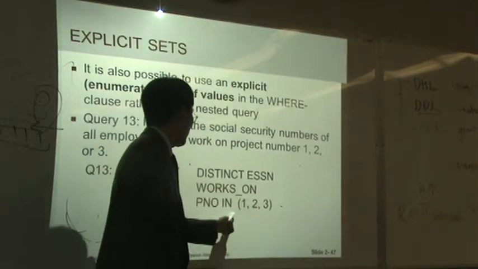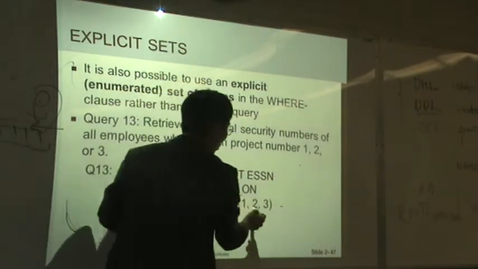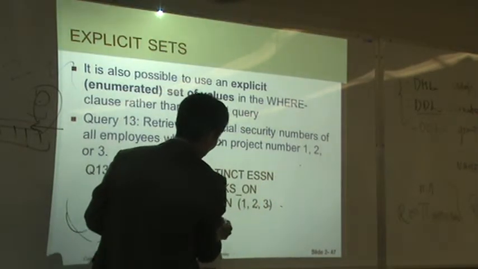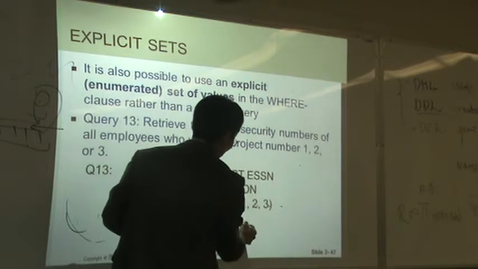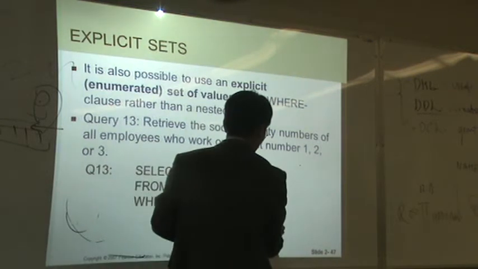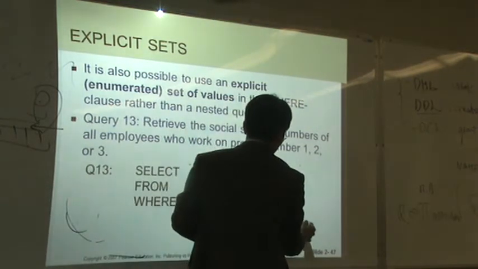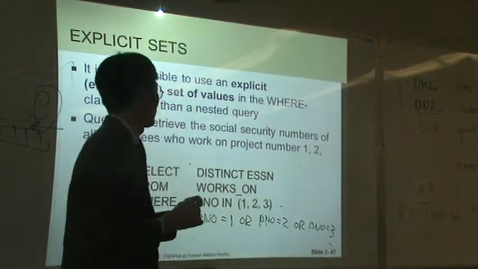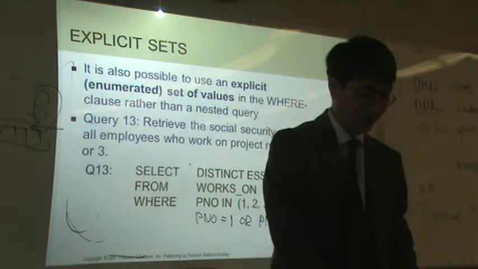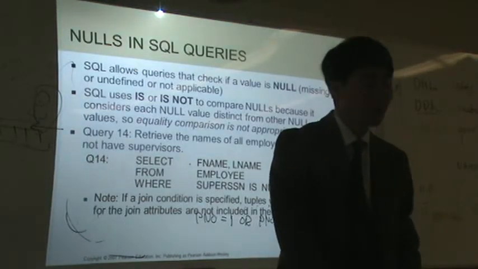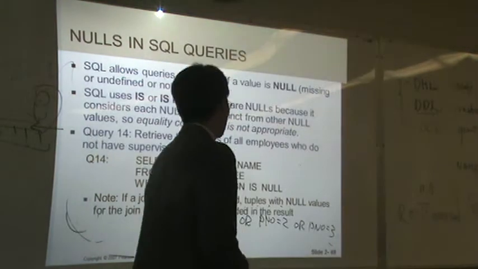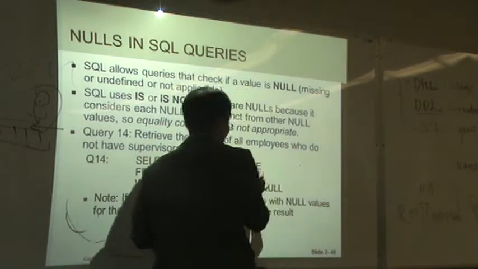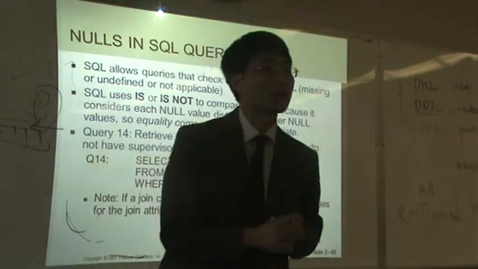The in operation means it's one of these. In other words, this can be 1 or 2 or 3. You can rely on this in operation like this. What about not? We cannot compare not using equal or arithmetic or logical operations.